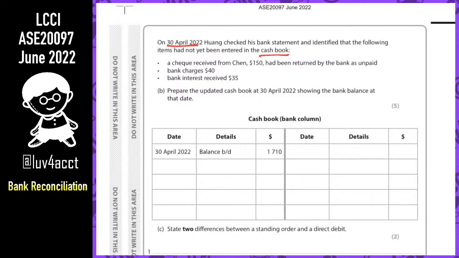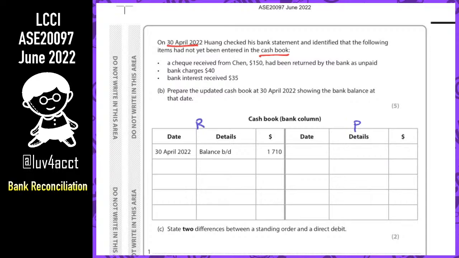A check received from Chan, 150, had been returned by the bank as unpaid. So, dishonored check. We receive money, we record it as a receipt, but now it is not a receipt because we cannot receive the money. So it goes into the credit side, the payment side.